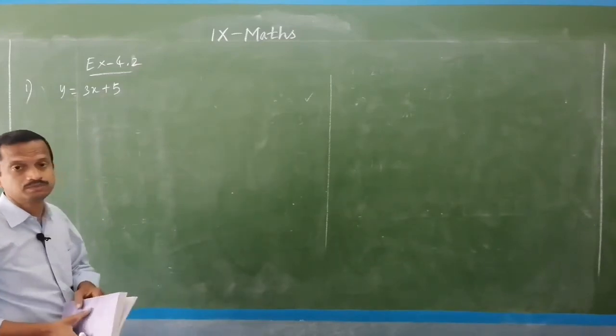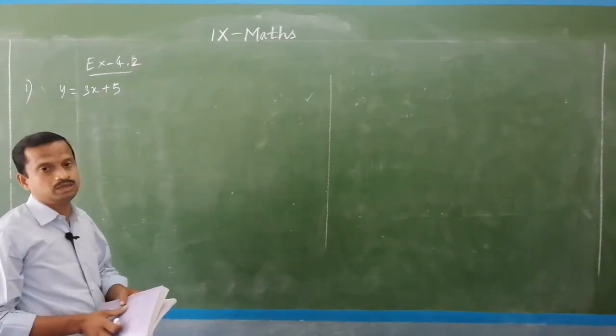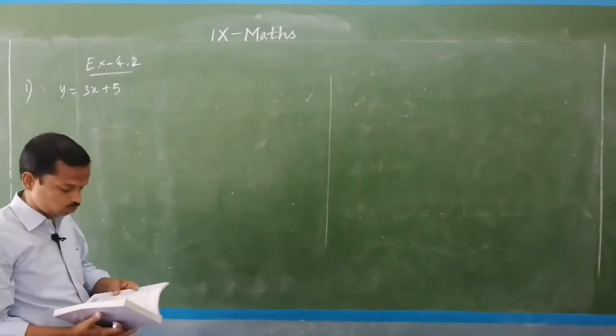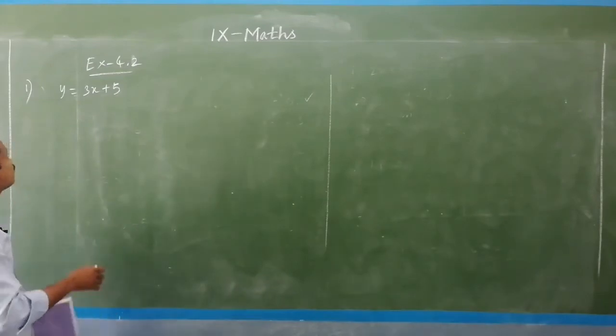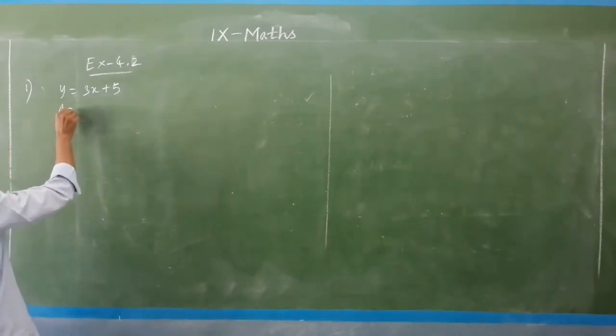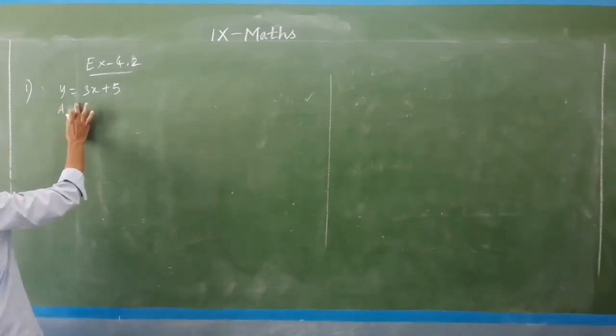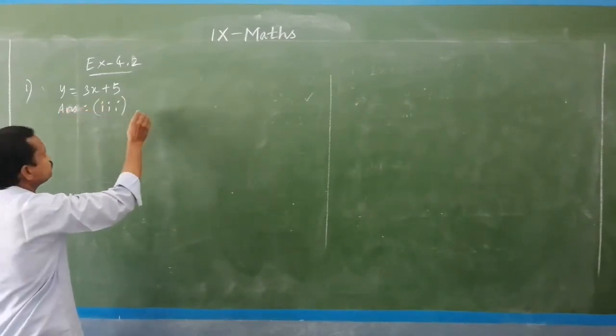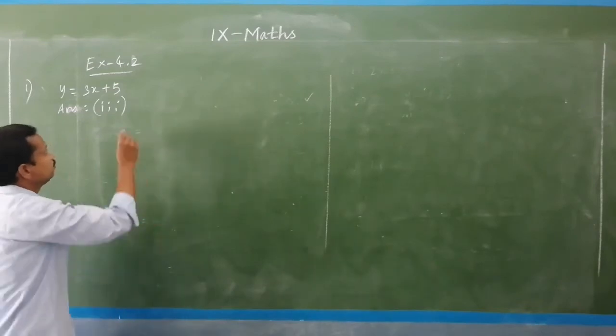Just now I explained, and at the very beginning also, that a linear equation in two variables has infinitely many solutions. So, the answer is option 3, that is infinitely many solutions.